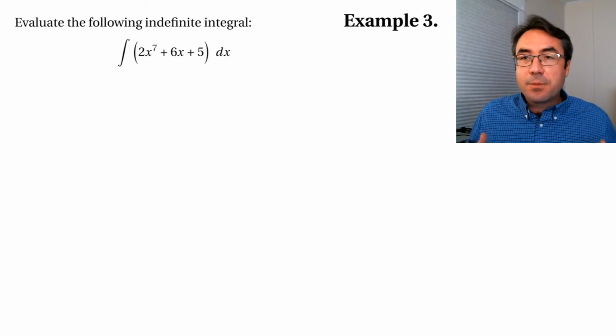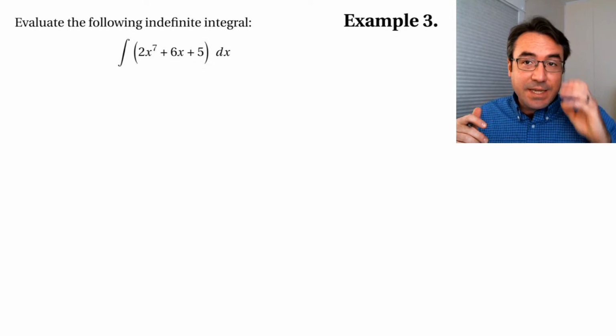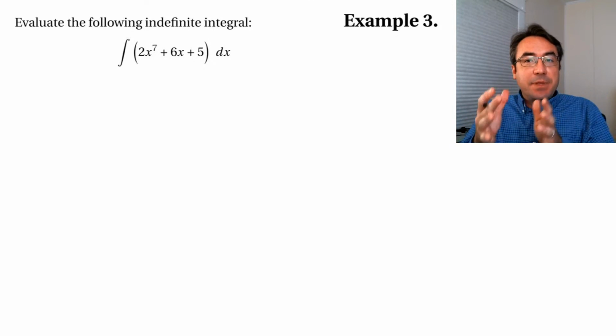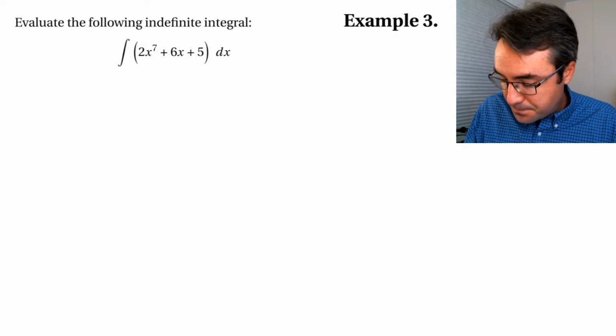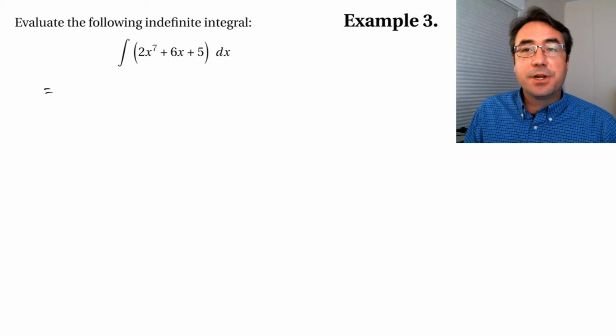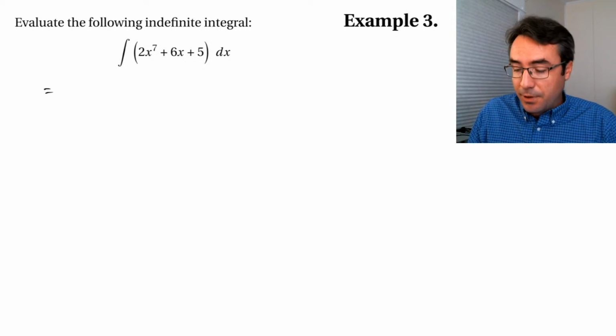And so what the sum rule and the difference rule really say is we can split up the integration wherever we see a plus sign or a minus. So that's the first thing we're going to do, is we're just going to split this integral up into 3 separate integrals.